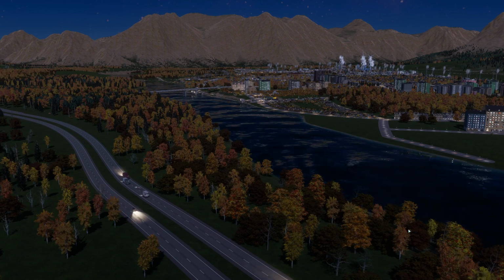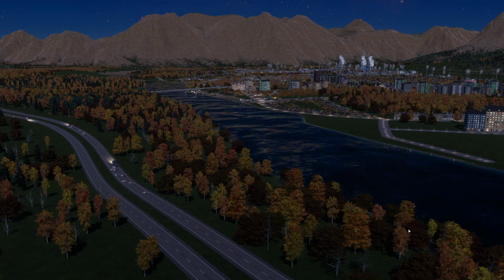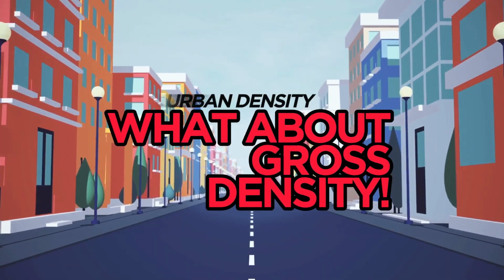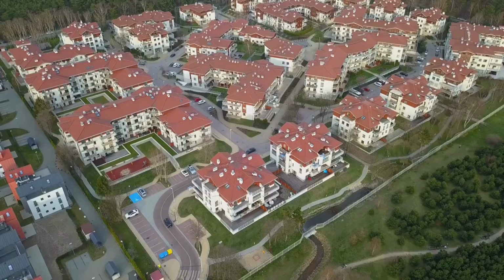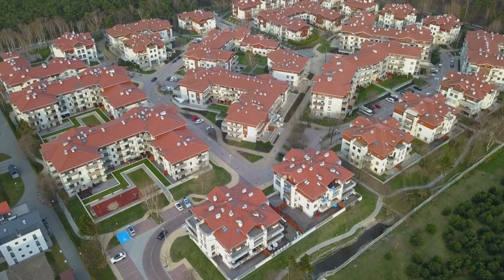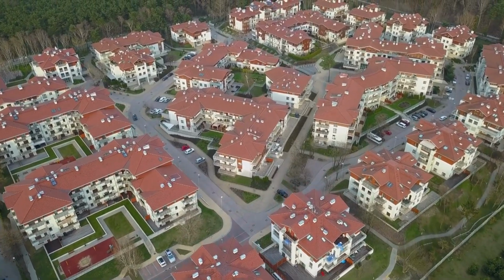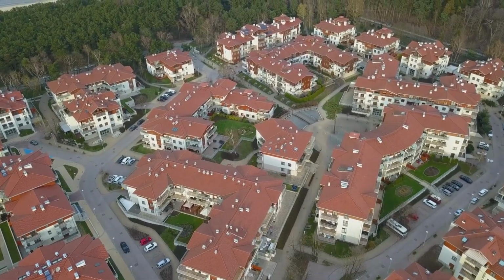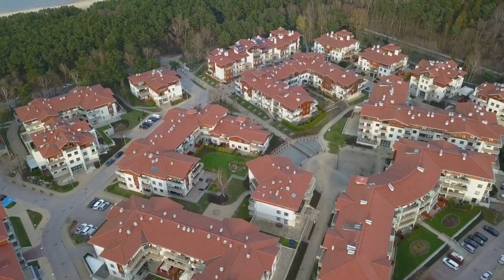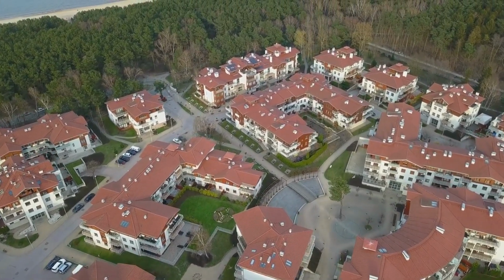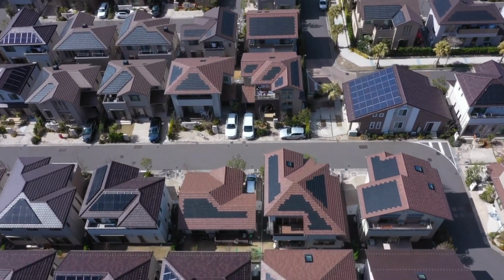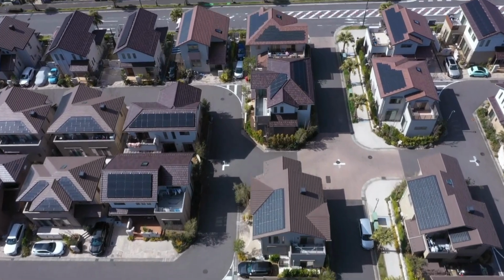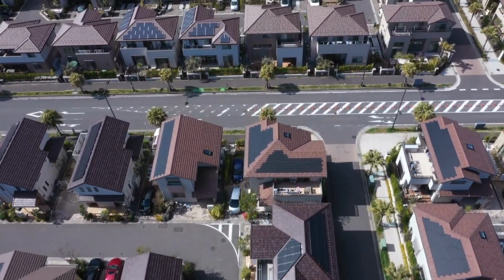Net residential density will provide a reasonable indication of the intensity of your built form, whereas gross residential density measures the overall net residential density combined with the impact of local land use at the neighbourhood scale. This measure better reflects the actual human experience of a place than net residential density and can be useful if your purpose is to understand broader issues such as walkability. Don't worry, we'll look at some pictures soon.